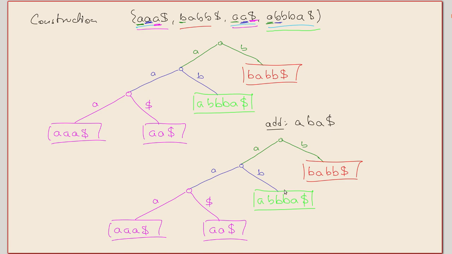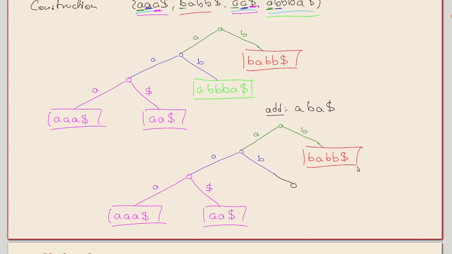All right. Now at that stage, I found a leaf and I want to insert something. So this will be a new subtree here, so I'll have to replace this. And what I have to put in here is the trie I would get from this key and that key. So we apply the same construction as before, but we have to take into account that the first two letters are already taken care of.